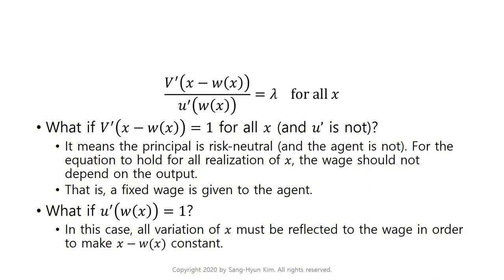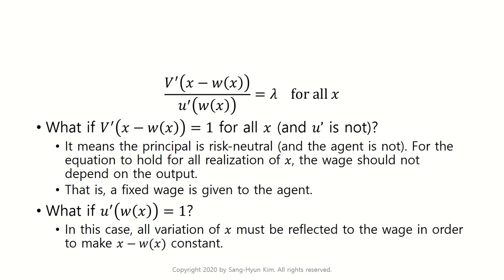So then what do we have to do? We have to set w of x to be constant. In other words, we give a fixed wage to the agent. Then w of x will be just w. It will not be a function of x.